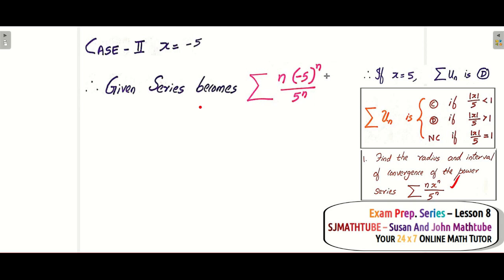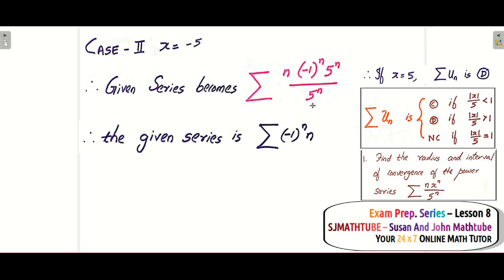So I hope you are able to understand this. We plug in x is equal to minus 5, it becomes minus 5 the whole power n. And minus 5 is minus 1 into 5, and it becomes something like this. And that is an alternating series. I'll repeat, if you are not good with test of convergence, pause the video right now and take the playlist, and you can find convergence and divergence.